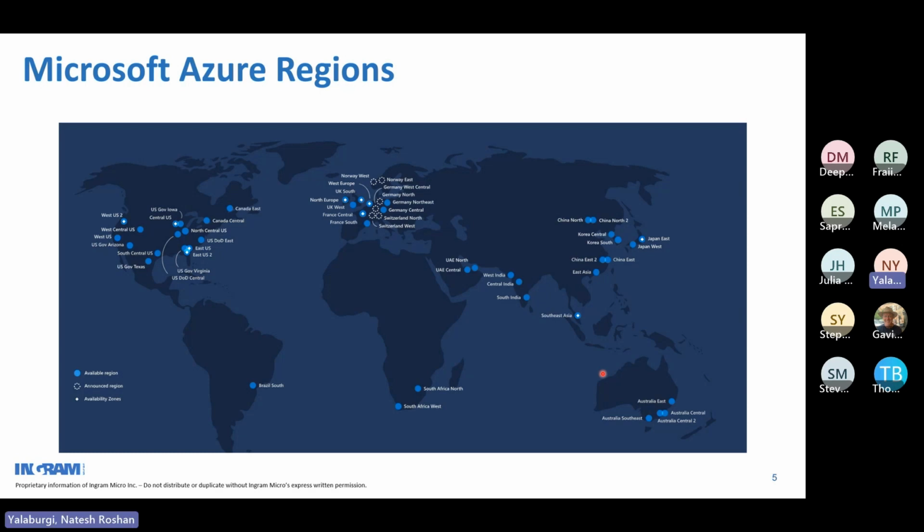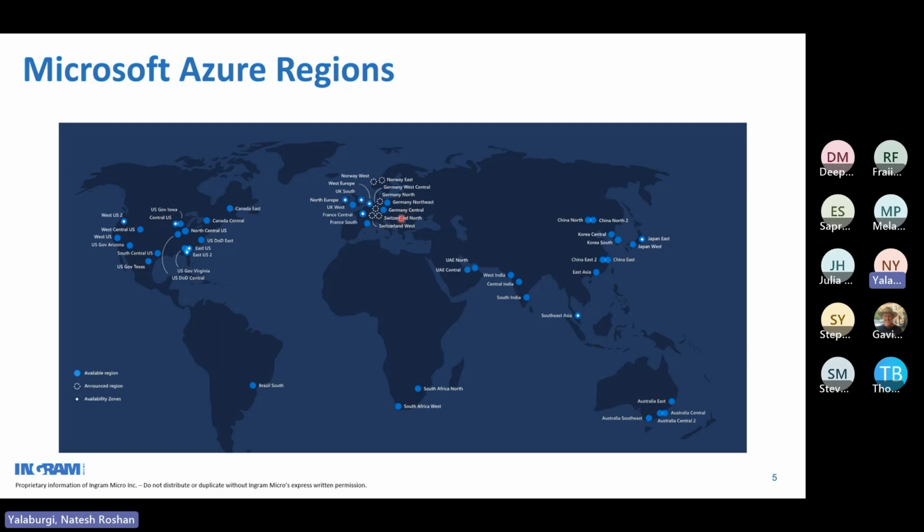Okay. Now, if you are a customer who has, let's say, offices in Australia, in UK, in US, for example, your head office can be in Australia, but you can still create servers in US. You can still create servers or applications or whatever Azure services require in UK as well.